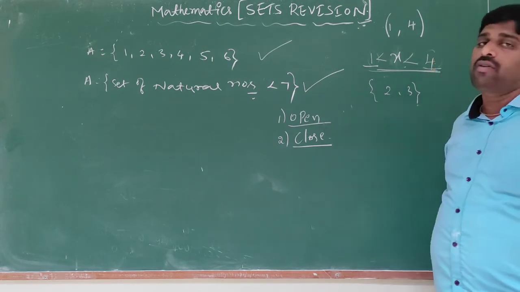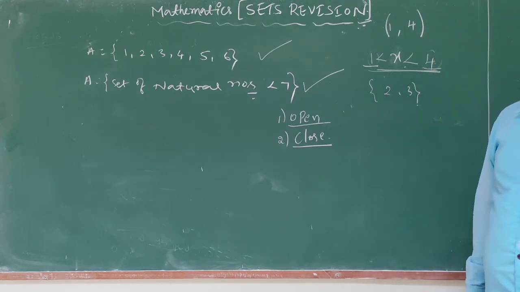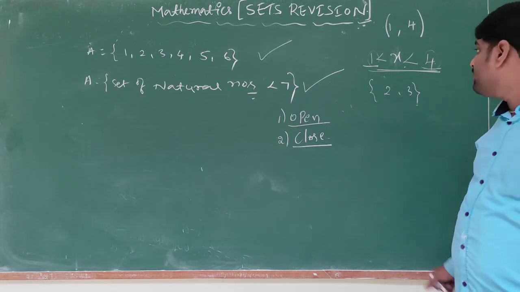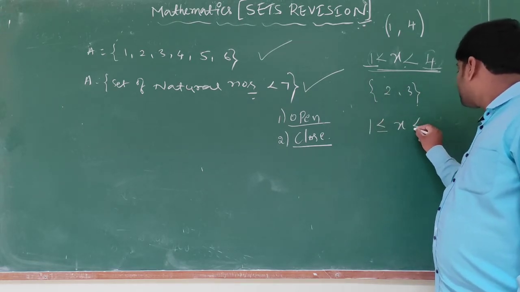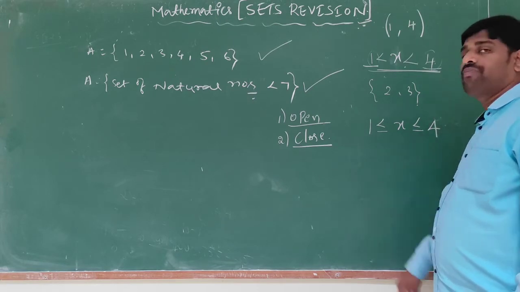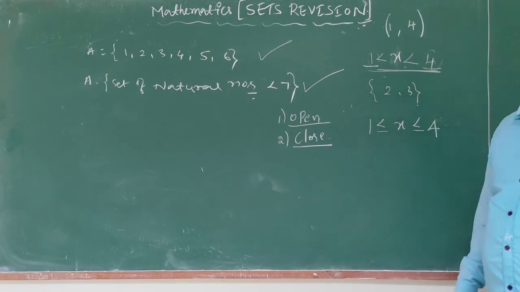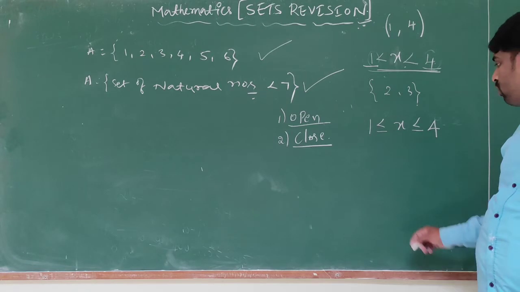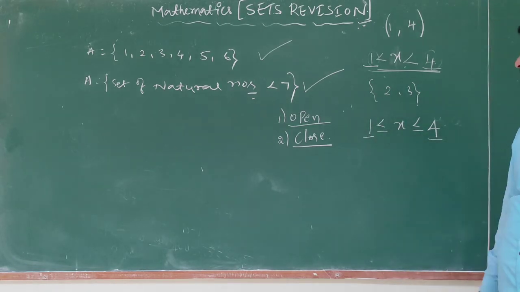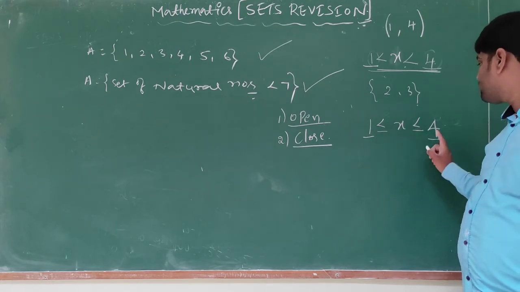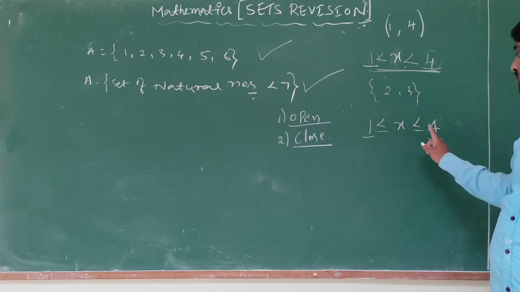Next, closed interval means the interval contains the values including the end points. 1 less than or equal to x less than or equal to 4. So 1 is closed, 4 is closed. Now this is a closed interval.